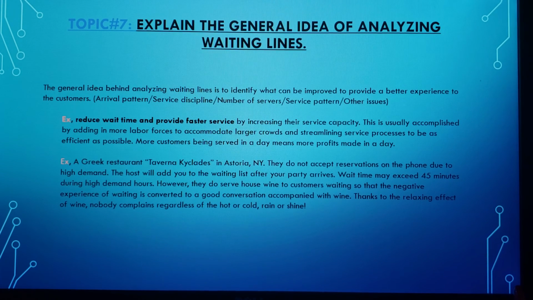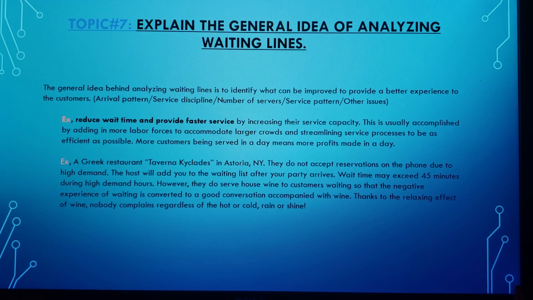Topic number 7. Explain the general idea of analyzing waiting lines. The general idea behind analyzing waiting lines is to identify what can be improved to provide a better experience to customers. Arrival pattern, service discipline, number of servers, service pattern, and other issues can be measured or evaluated.